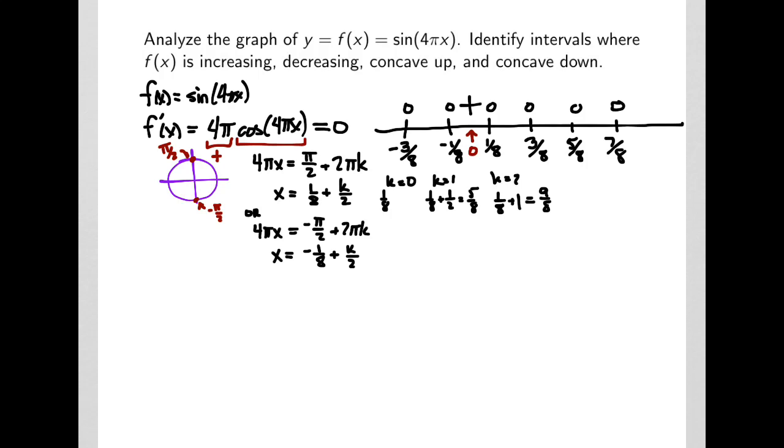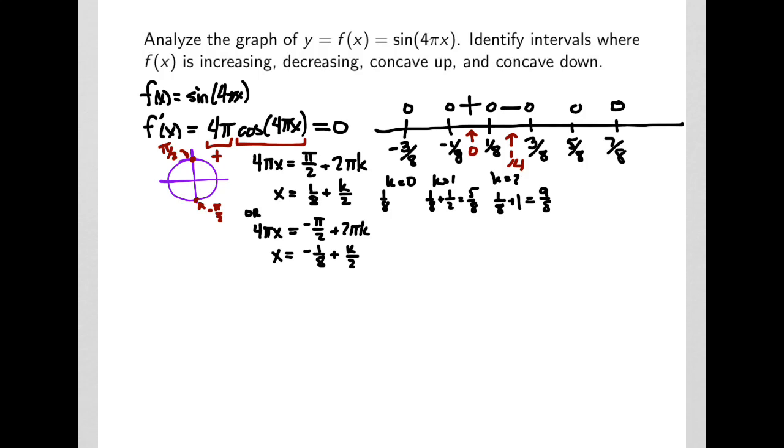Then between 1/8 and 3/8 is the value of a quarter. If I plug a quarter into my derivative function, a quarter of 4 pi is pi, and the cosine of pi is negative 1. And so this gives me a negative value in the next piece.